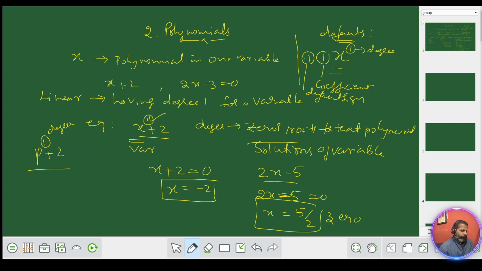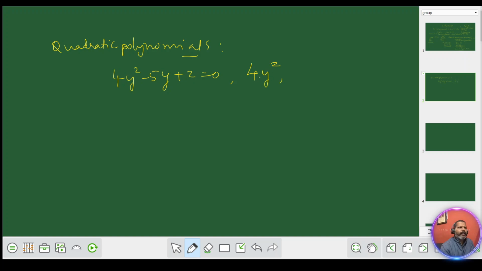Let's move on. What is the next set of polynomials? We saw linear polynomials so far. We'll move to the quadratic polynomial. Example, we can say 4y square minus 5y plus 2 equal to 0, or just 4y square, or 3x square minus 3x.